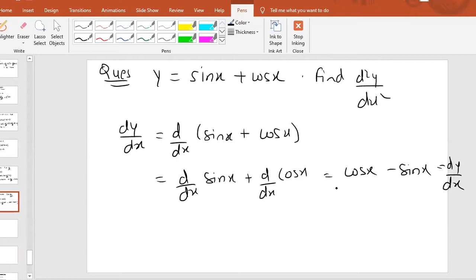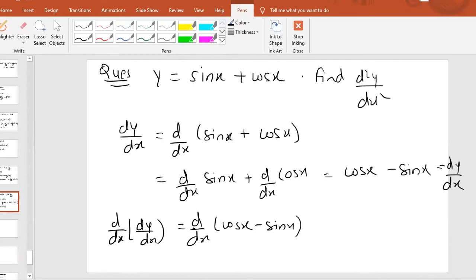Now double differentiation means we have to differentiate this dy by dx with respect to x. So we can write d by dx of cos x minus sin x, because the dy by dx value is cos x minus sin x. Again we can take both functions separately.